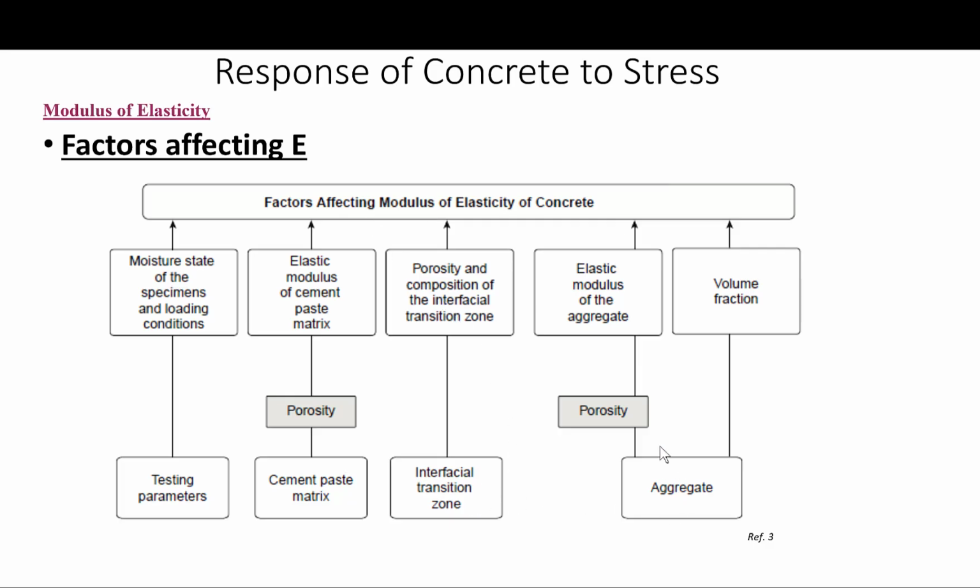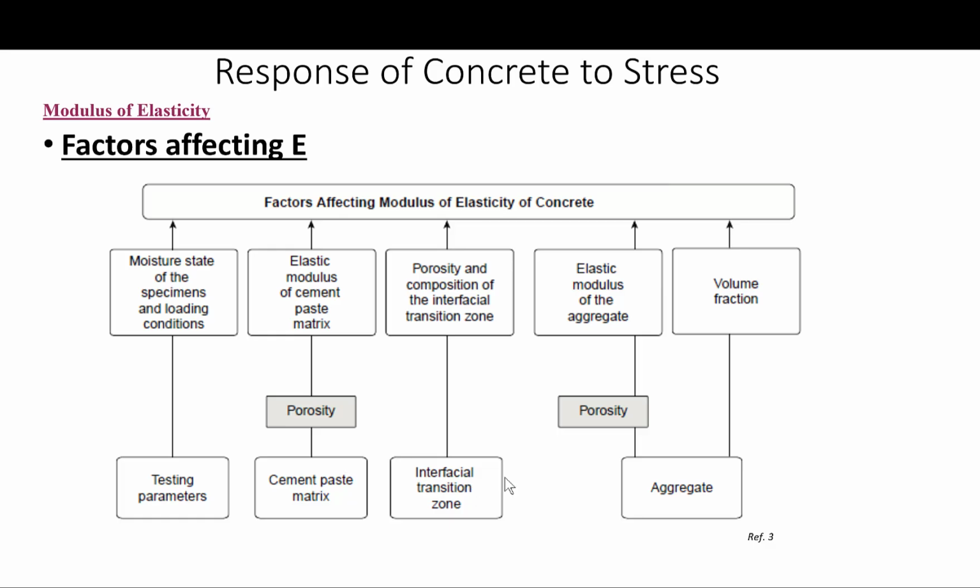The aggregates: the volume fraction of the aggregates, and the porosity of the aggregates. The porosity affects the modulus of elasticity of the aggregate itself, and that eventually will have an effect on the modulus of elasticity of concrete. Also the interfacial zone.